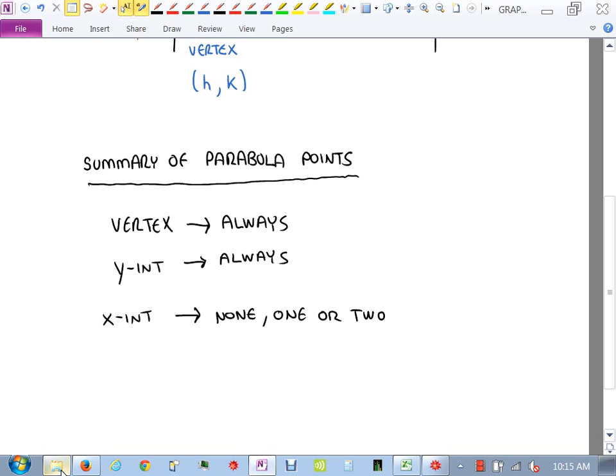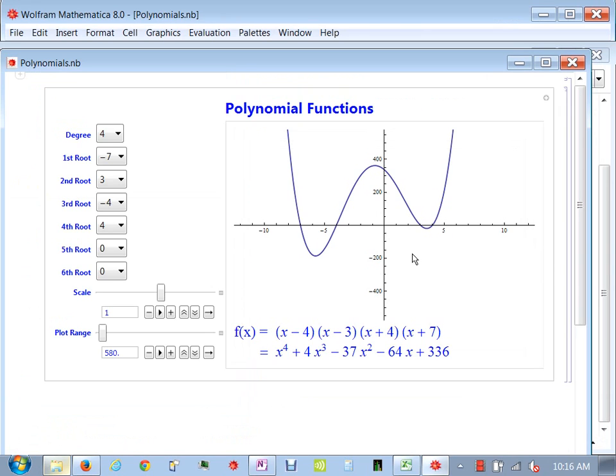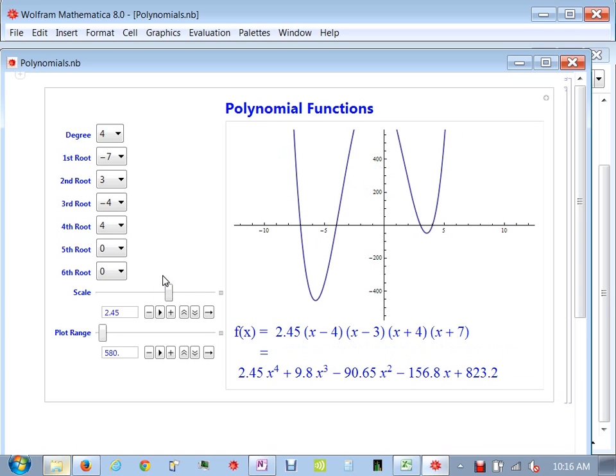Now, I don't want to get us too far ahead of ourselves, but what were we going to study after quadratics? Polynomials. Well, here's what polynomials look like. Here, this polynomial appears to hit the graph how many times? 4. This is the function right here, and this is it factored. We are going to have to factor like this, which is going to be our challenge.